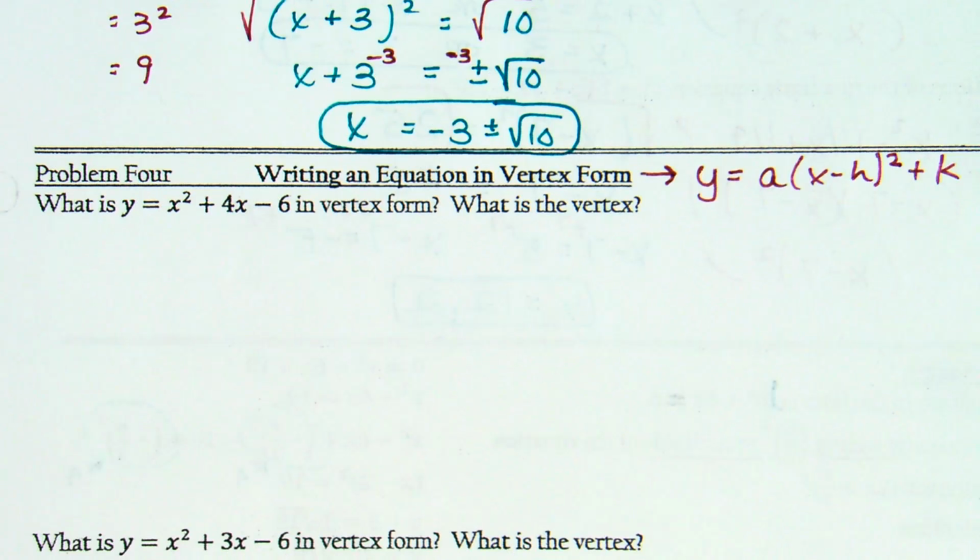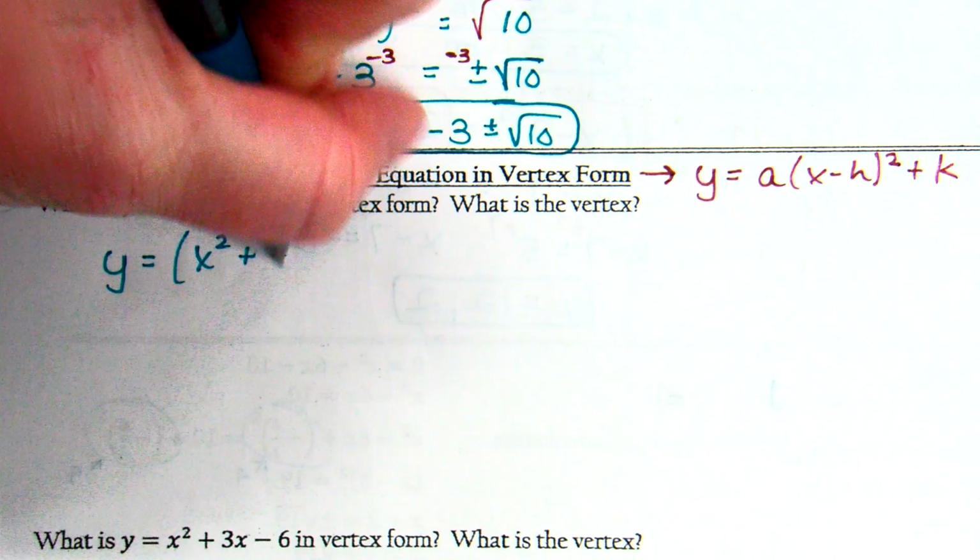And then what else do we still have that I'm missing? The minus 6. So the minus 6 goes down outside the parentheses. So it's still the idea of x squared plus bx equals c, except I didn't move the c to the other side of the equation. I just scooted it down. Okay? I kind of scooted it down, set of parentheses here, left a gap.